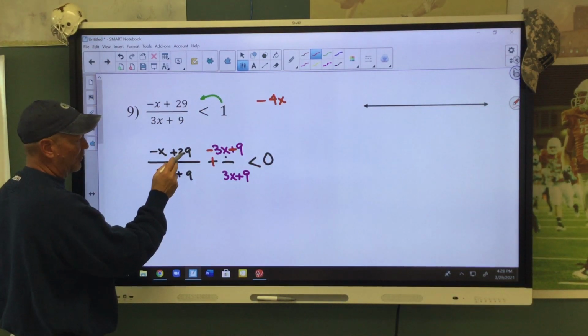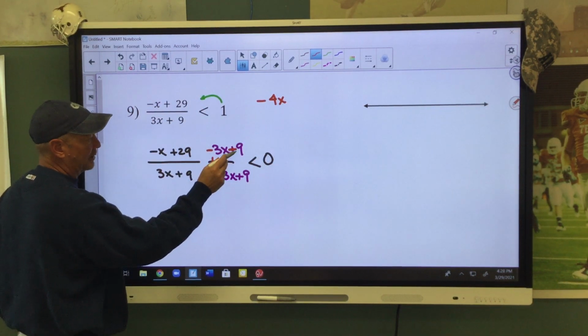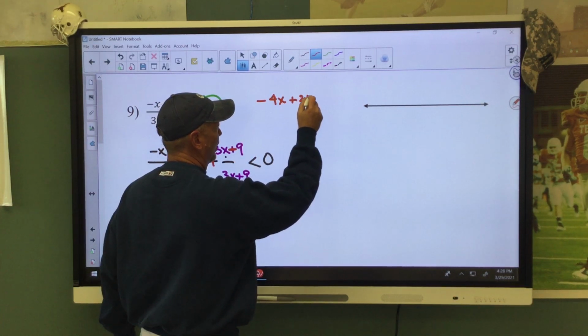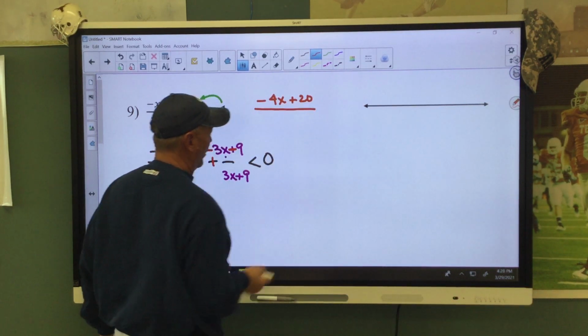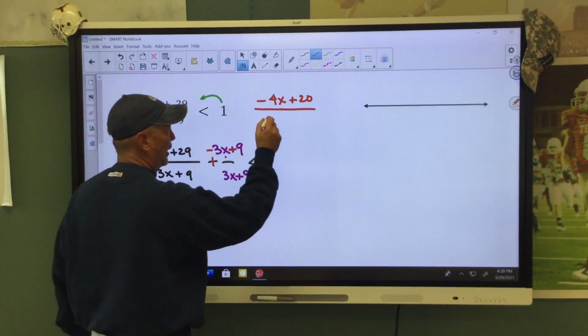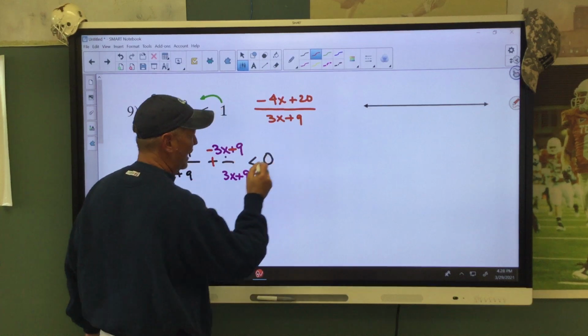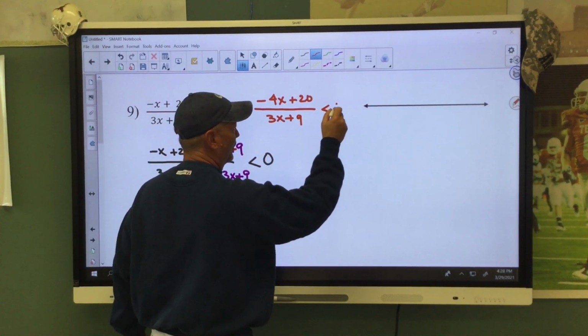I have a positive 29 minus 9 is a positive 20 over 3x plus 9. And this is less than 0.